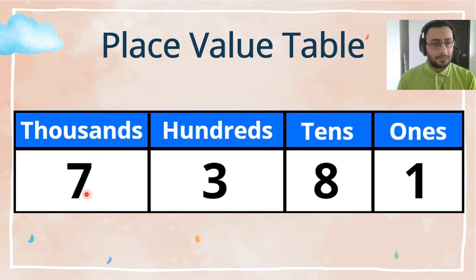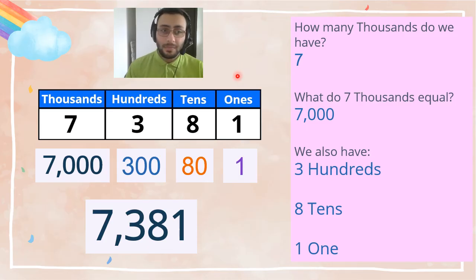Now let's look at the place value table of thousands. Look at this number. It has 7 thousands, 3 hundreds, and 8 tens, and 1 ones. What is this number? Now let's find out together. First question, how many thousands do we have? We have 7 thousands. What do 7 thousands equal to? 7 thousands is 7,000. Oh, we also have 300, right?